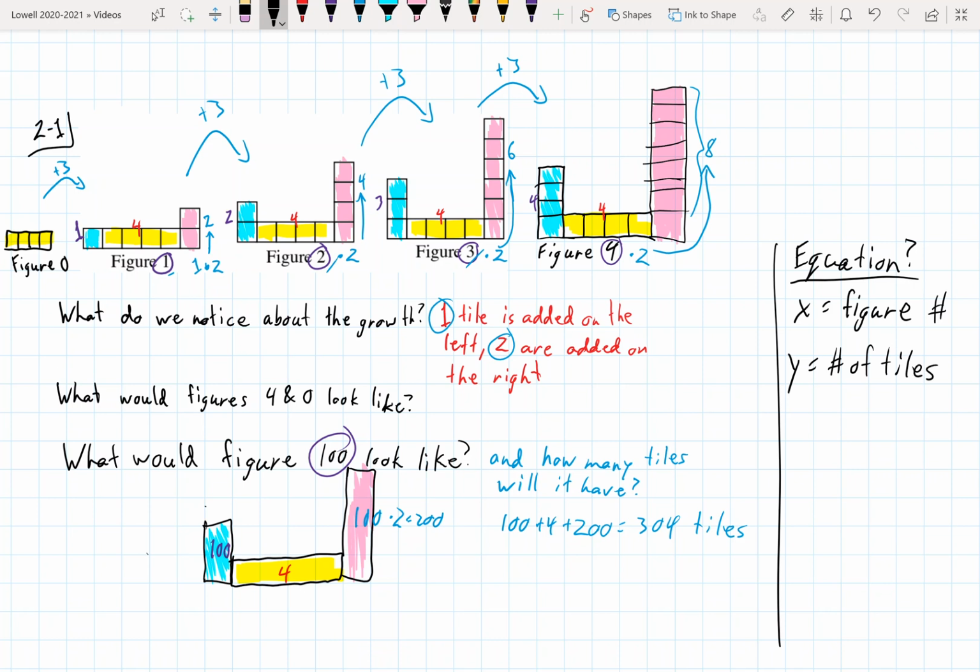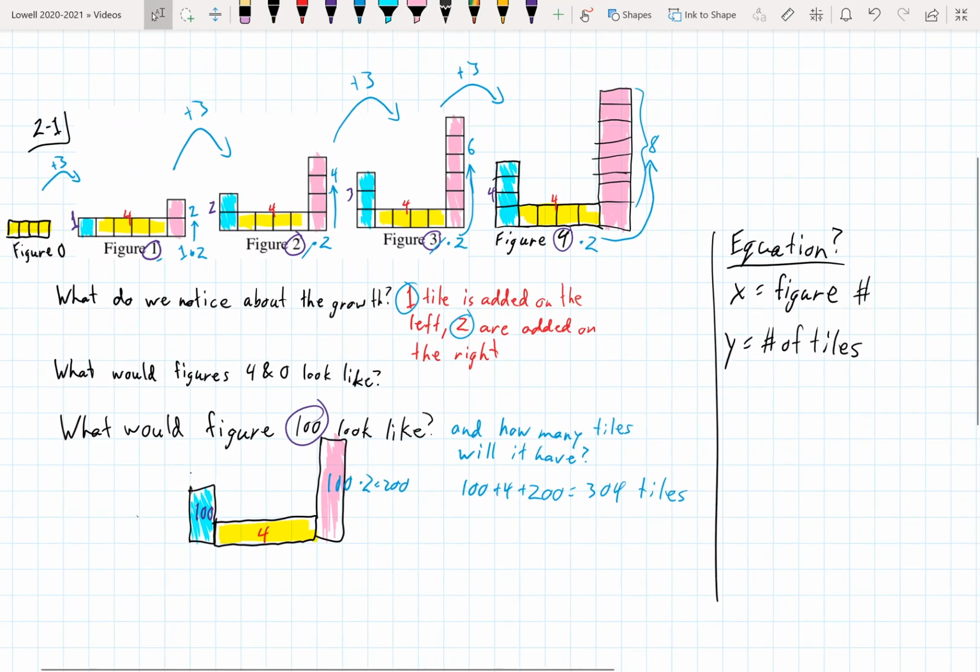I'm going to use kind of the same thought process that we used to figure out what it looks like. Every figure has 4 tiles in the middle to start, so I know that the number of tiles is going to start off with 4 somewhere. That doesn't change, and so I'm going to use that in red as well. Y equals 4.